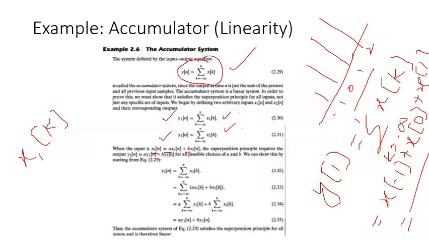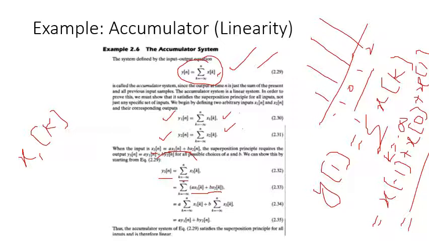Now we pass x3 through the system. The system is the same summation, so y3[n] is the summation of x3[k], where x3[k] is equal to a x1[k] plus b x2[k].